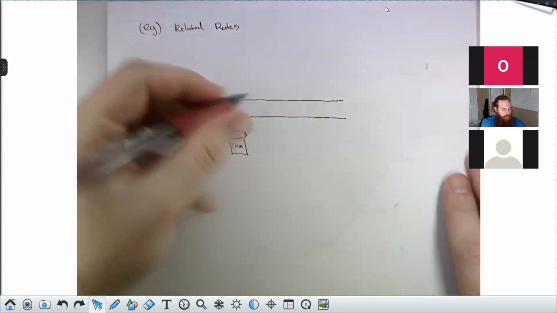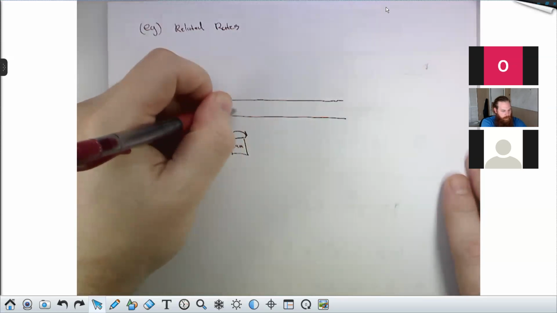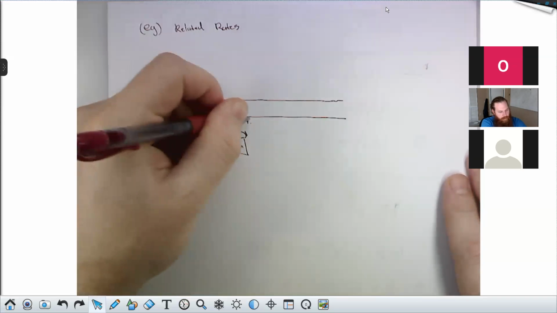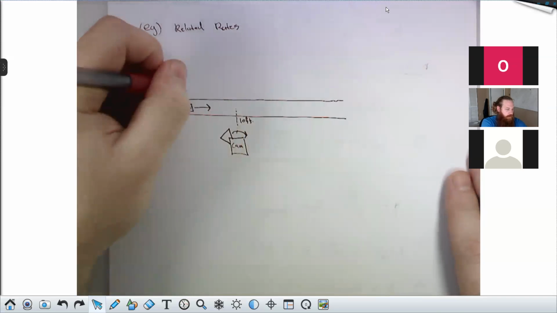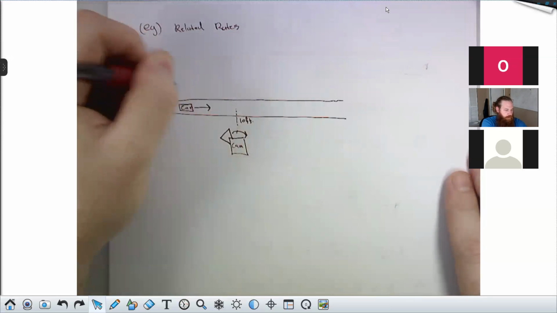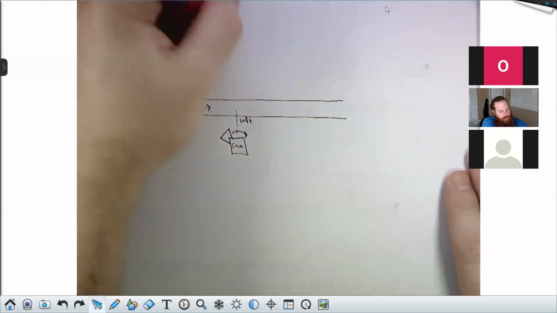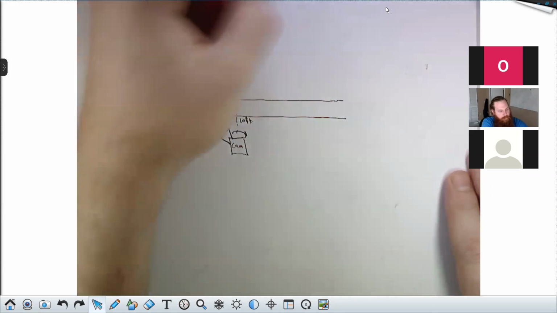Let's say the camera is 10 feet back from the center of the track, and the car is going this way at 100 miles per hour. So here's the setup for the problem.